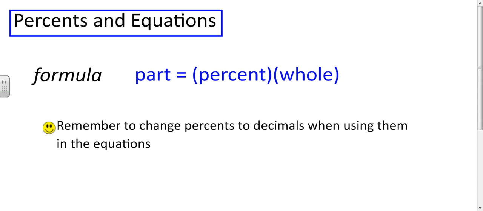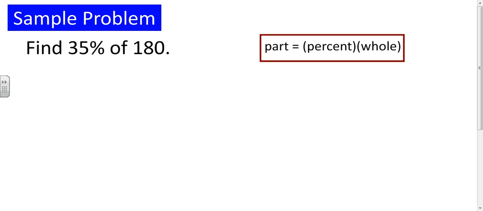So let's look at this first example here. Find 35% of 180. So 35%, clearly, that's my percent. And then, remember the keyword of points us to the whole number. So 180 is the whole. So it looks like I'm looking for the part here.